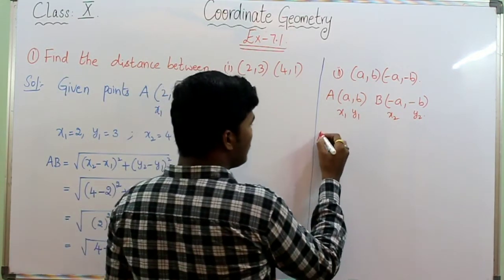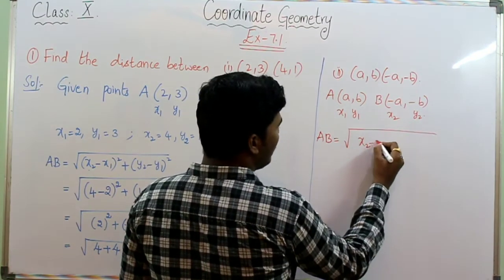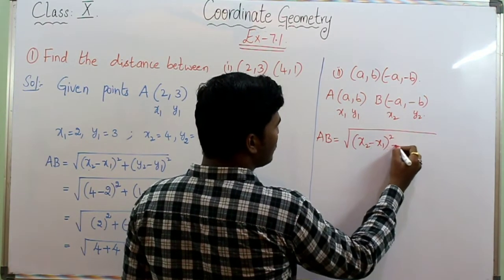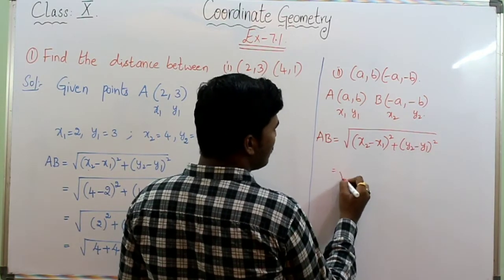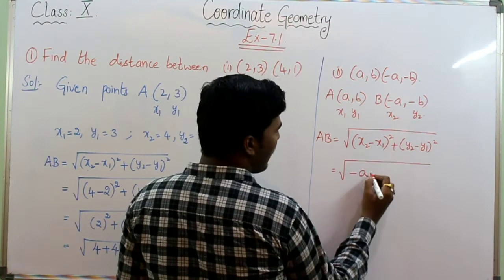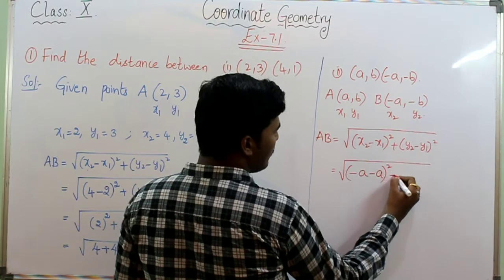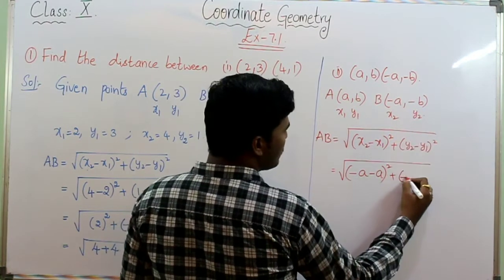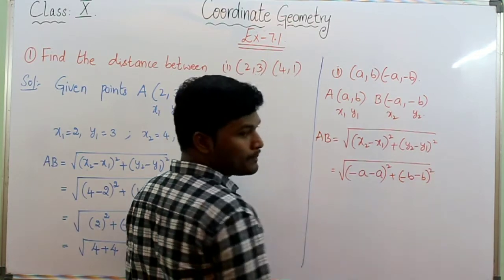Okay, now the distance between 2 points is given by square root of (x2 minus x1) whole square plus (y2 minus y1) whole square. This is equals to x2 is minus a, minus x1 is a, whole square plus y2 is minus b minus y1 is b whole square.